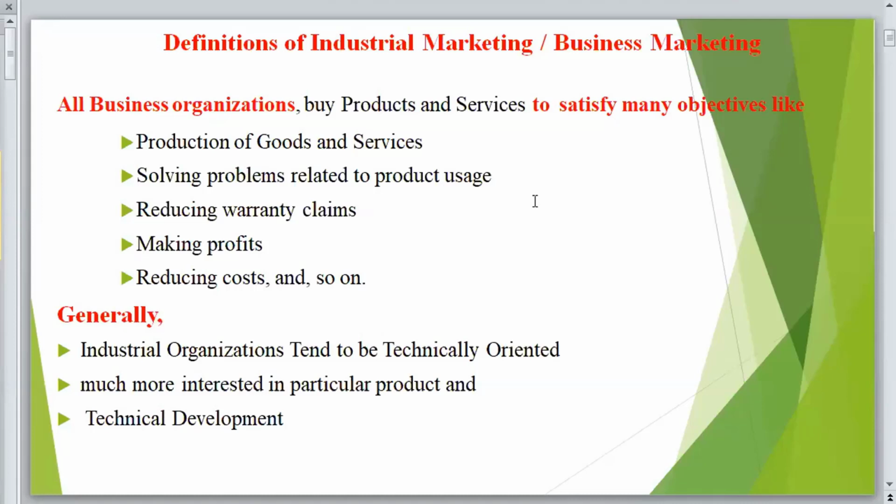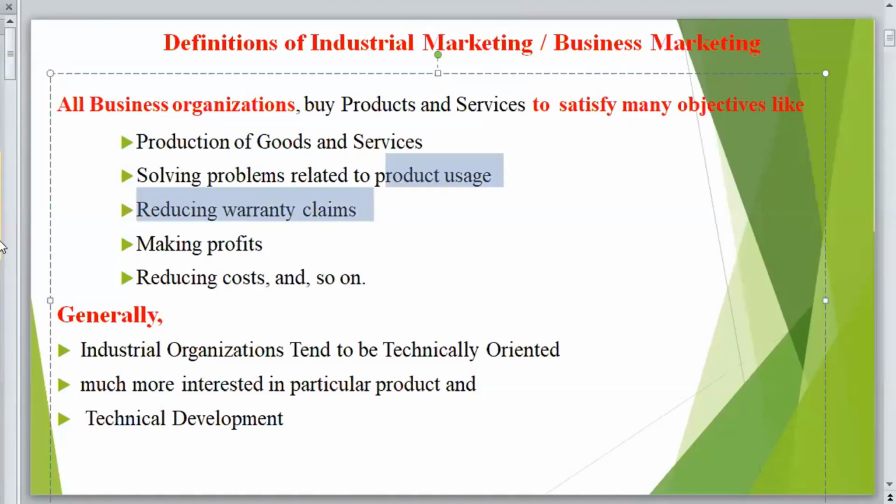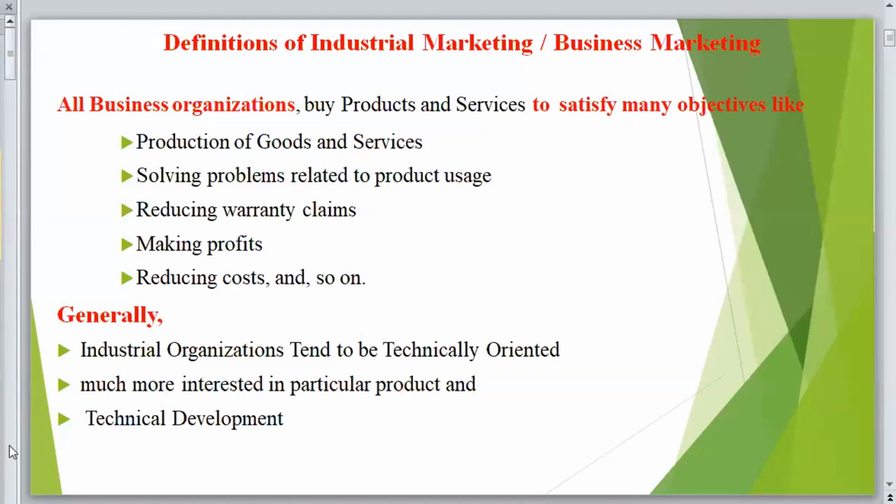Solving problems related to product usage: sometimes large business organizations face a shortage of different products, so to solve this shortage they can conduct a purchasing process or purchase industrial products. Reducing warranty claims: warranty means a kind of guarantee.